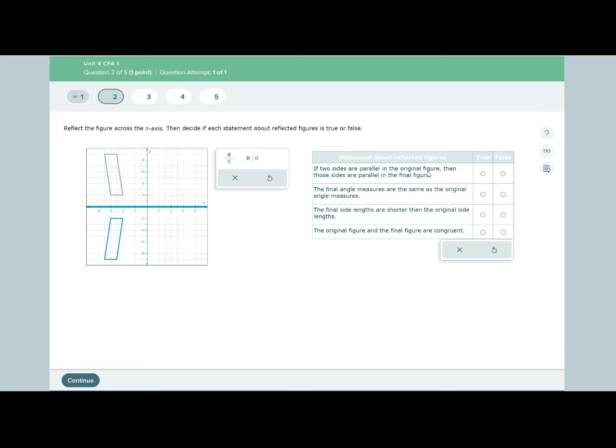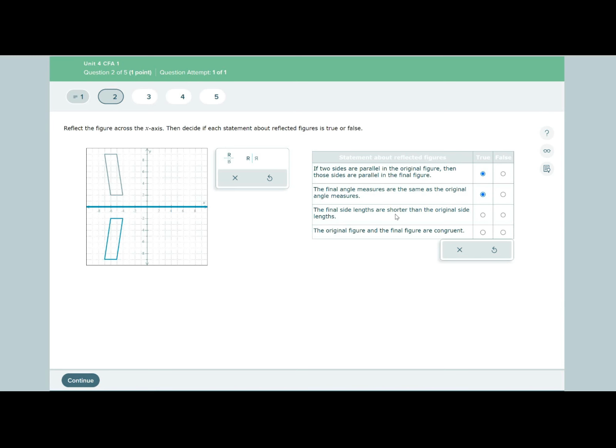If 2 sides are parallel in the original figure, then those sides are parallel in the final figure. So the reflection should be same size, same shape. It's just like translation. So this statement is true. 2 lines parallel originally, they will be parallel after you reflect them. The final angle measures are the same as original angle measures. True.